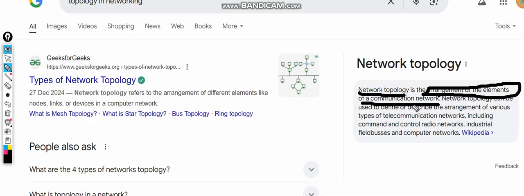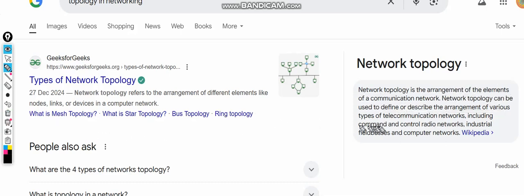How the different elements are arranged in a particular network is what is called a topology.